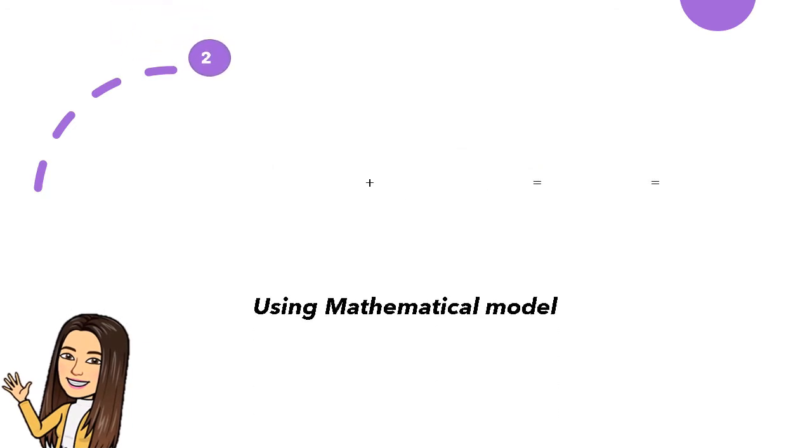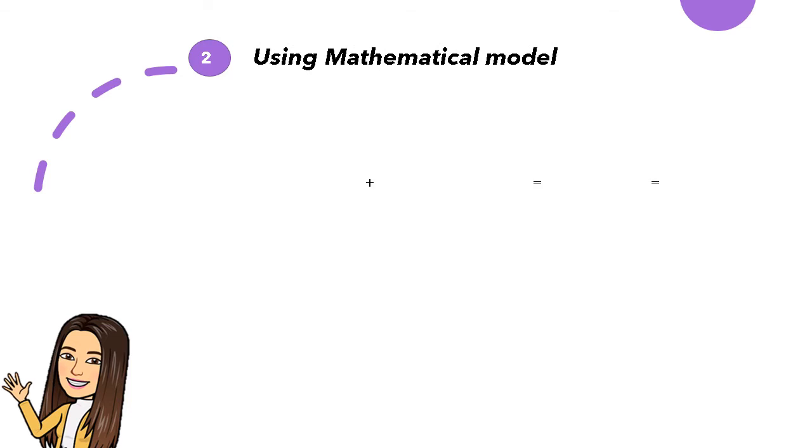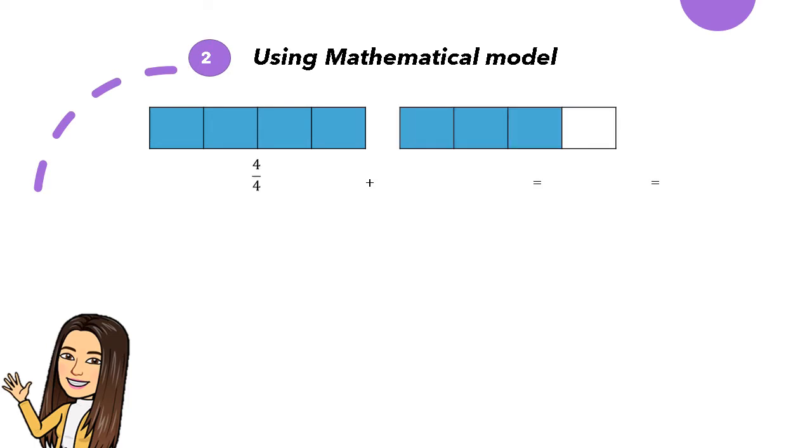Second is by using a mathematical model. We have here 4 shaded parts out of 4 equal parts, and that is 4/4, plus 3 shaded parts out of 4 equal parts, that is 3/4.